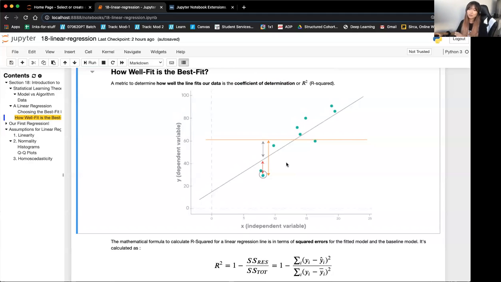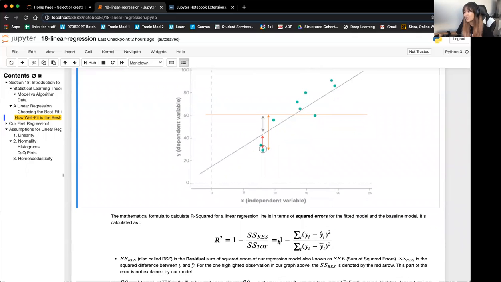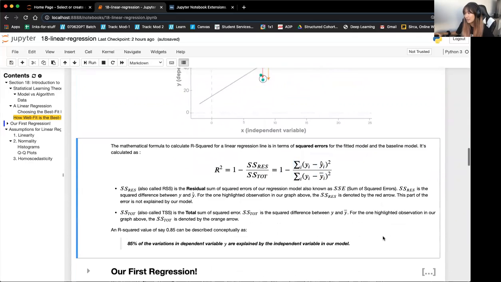In many cases, the distances between your points and the horizontal line are going to be much greater than your distances to the best fit line, because your best fit line was trained to fit the data better. And so you'll get this ratio in the end.